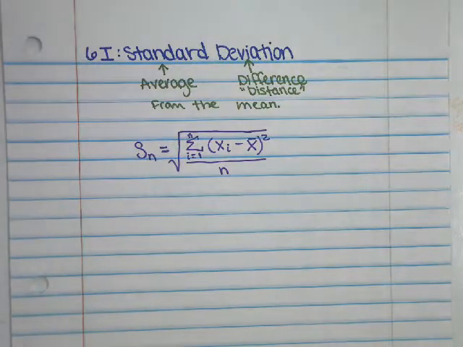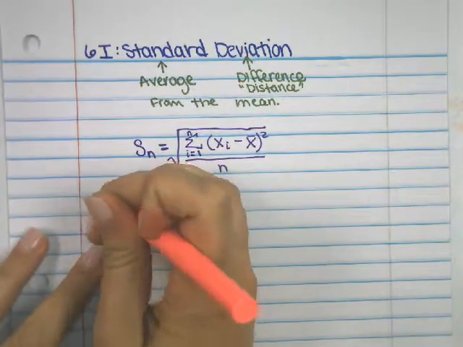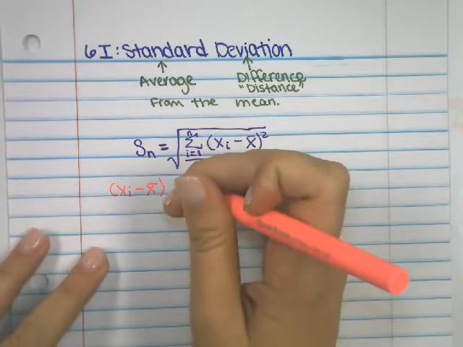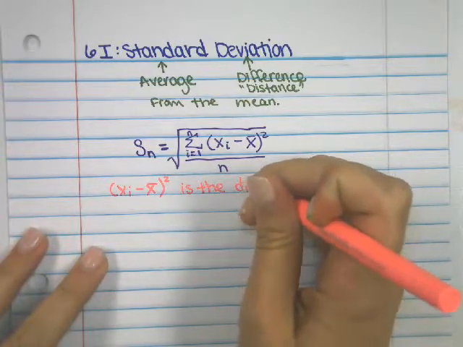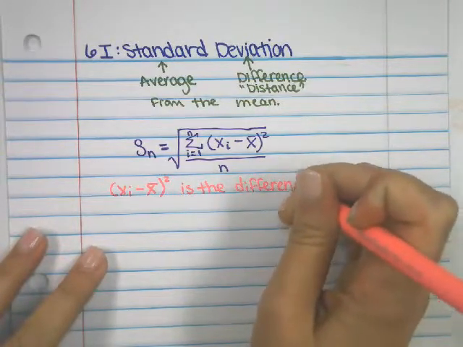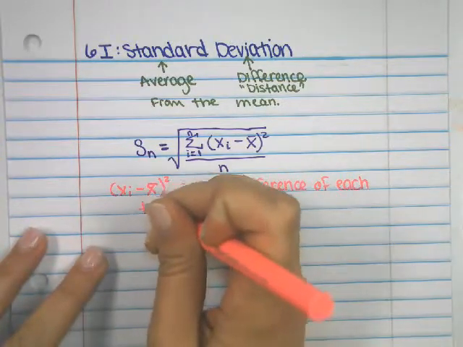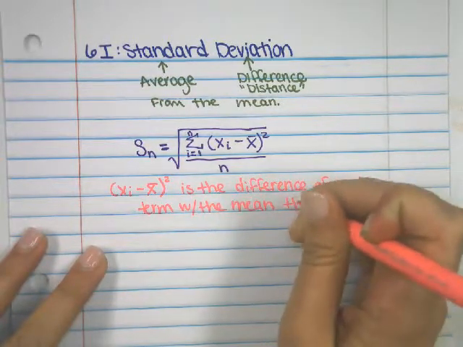So that's all great, but what we want to know is, okay, how do we actually do this? So just to break this down, the x sub i minus x bar, squared, is the difference of each term with the mean, then squared.